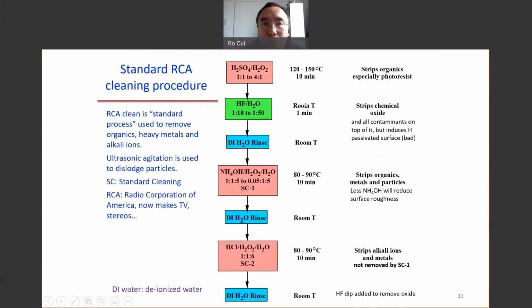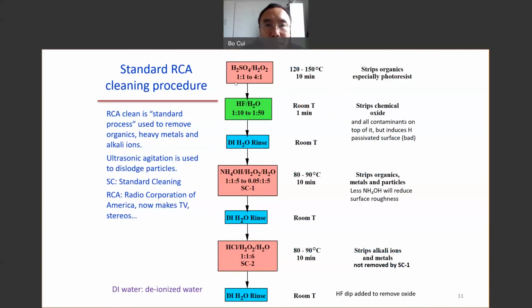This is the standard wafer cleaning process for the industry. First, it uses Piranha, the mixture of sulfuric acid and hydrogen peroxide at a 3:1 or 1:1 ratio at high temperature. When they are mixed, they heat up.